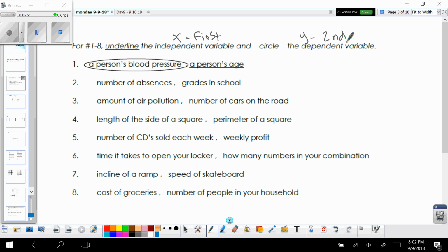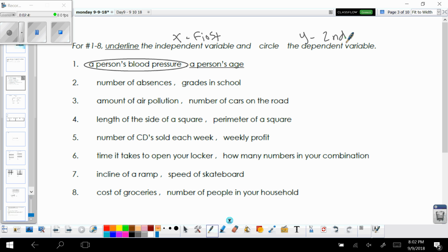Okay, looking at number 2, number of absences and your grades in school. So does your number of absences depend on your grades in school? Like if you have an A, can you skip a bunch of classes? No. Okay, so grades in school depend on the number of absences. Because if y'all have like no absences, your grades should be better than what would happen if you had like 50 absences. So, sorry, I lost my train of thought.